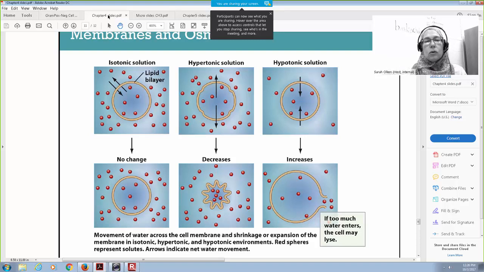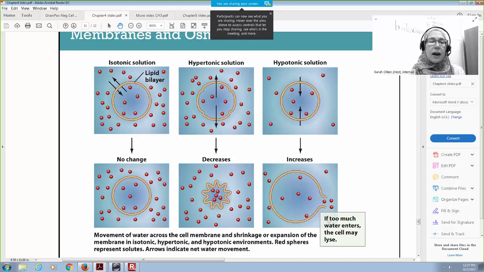So normally if you're looking at a cell that doesn't have a cell wall, you can see what would happen in a saltwater environment like the ocean is that the cell would just shrivel up, and that has to do with the movement of water. The water is trying to move out of the cell so that the concentration of these solutes, represented with the red balls, is pretty much equal inside and outside of that membrane.